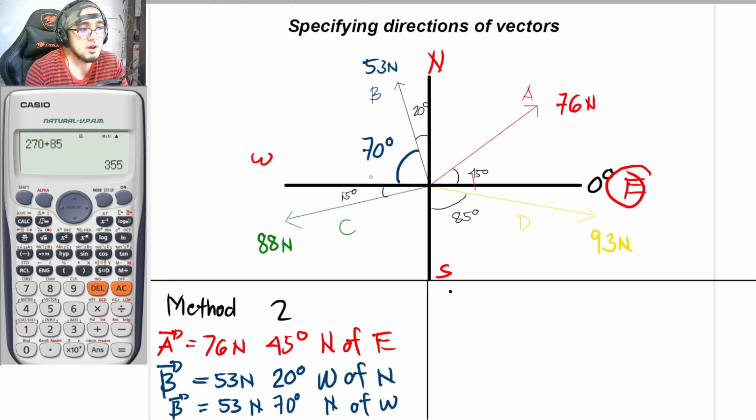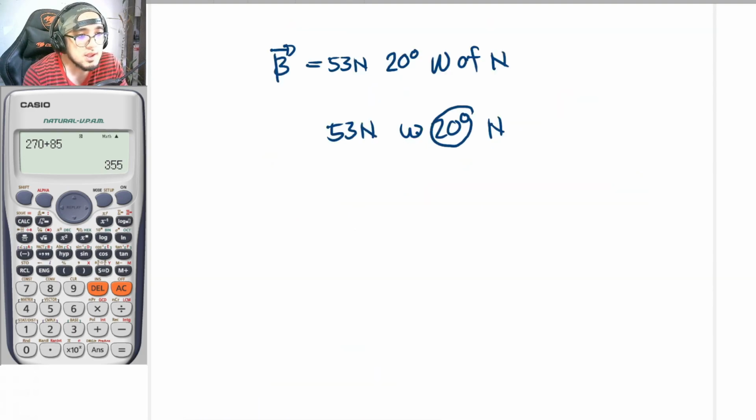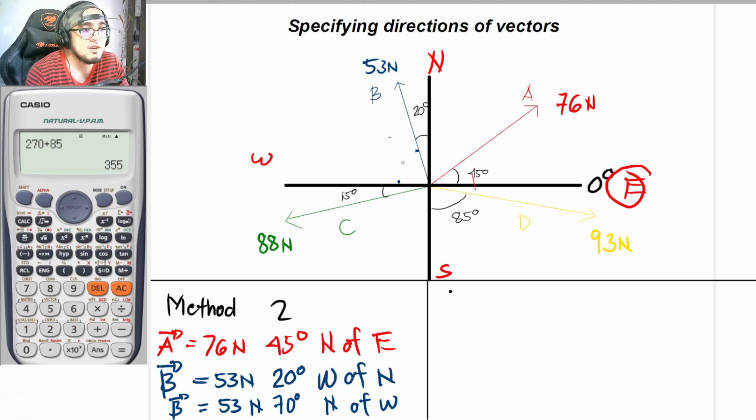Okay, so from that, if you would be drawing that vector, you must now go from west going towards the north. So what I mean here is that you would now be measuring 20 degrees from west. So once again, 20 degrees from west going towards the north. So from west going towards north, that is now to be 20 degrees. So using that nomenclature, this is now to be your vector, which is not this one. So it is actually erroneous.